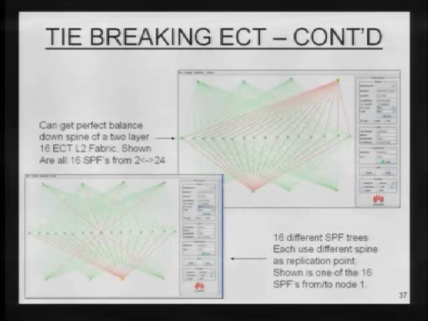And what's really quite interesting is that in the case of multicast, each one of those 16 spine nodes will actually be picked successively as a replication point by each of the different ECMP algorithms. So not only do you have a good balance with respect to unicast, but you have a pretty good balance available to you with respect to multicast as well.